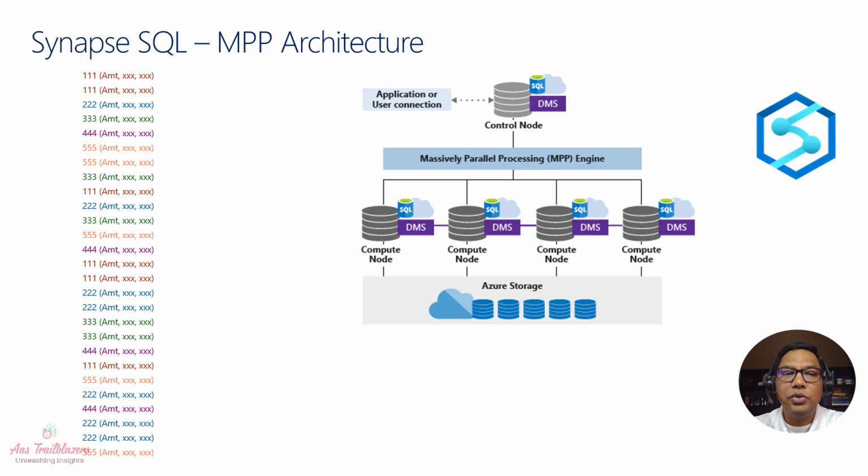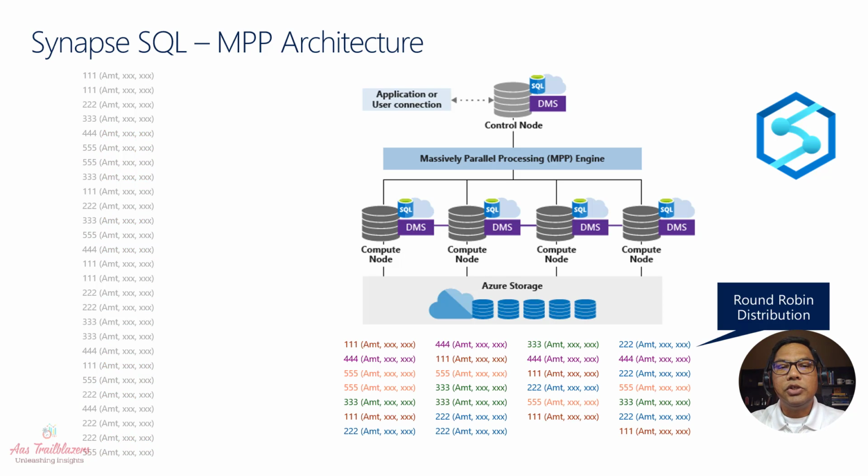Now we are going to store this data into a round robin table. When we do that in a dedicated SQL pool, the data would be stored randomly and it will be ensured that the data is evenly distributed. So once the data is stored into a round robin table, this is how it should look.